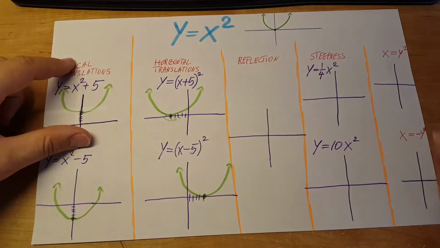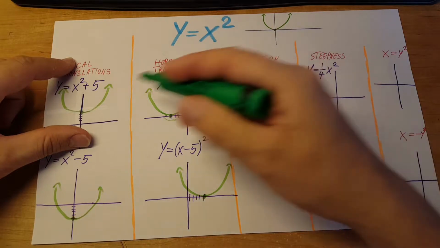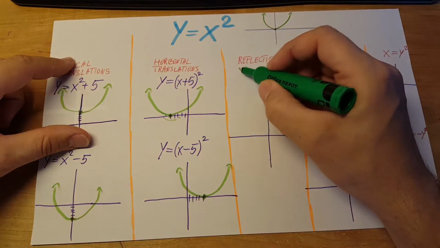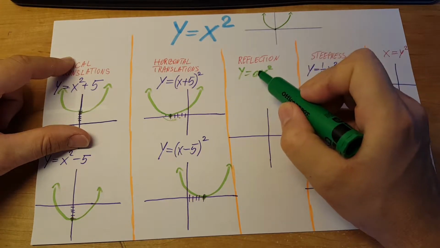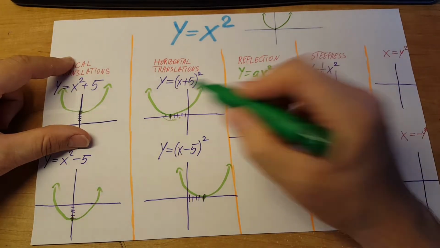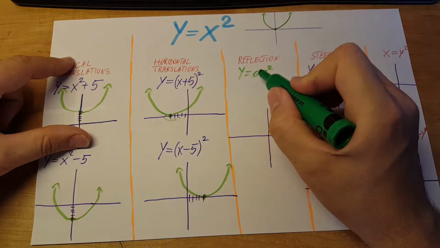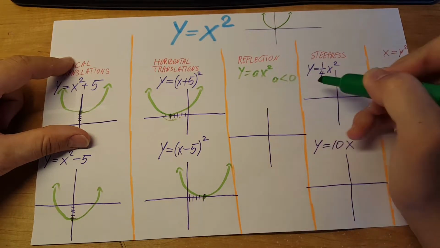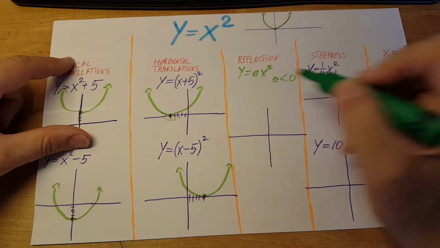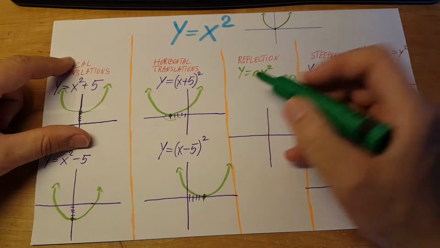Now, reflection. Until now, all of these, we had y equals ax squared, where a was just simply equal to 1. Now let's take a look at it when a is smaller than 0. Let's make it equal to negative 1.